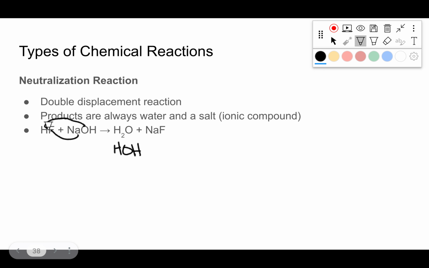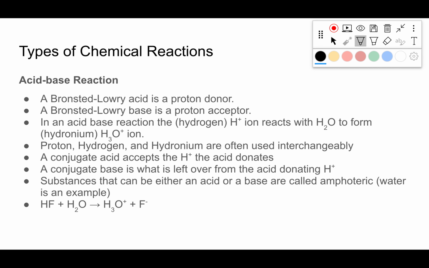That's a terrible plan, because typically one of these things was in excess. You're going to have some of it left over. And again, it depends on if it is weak or strong, if they're going to completely cancel out and form just water and just a salt. Usually there are other reactants that are left over at the end of the reaction.